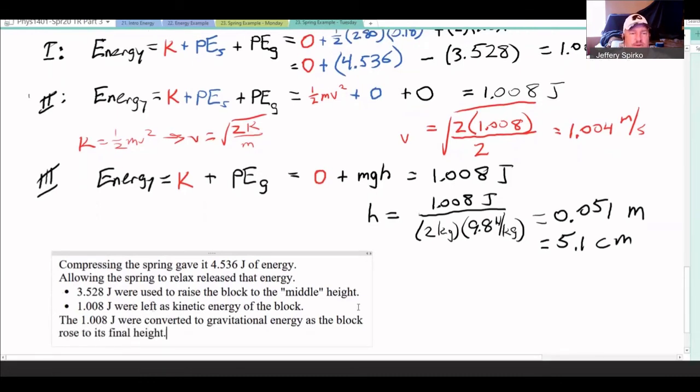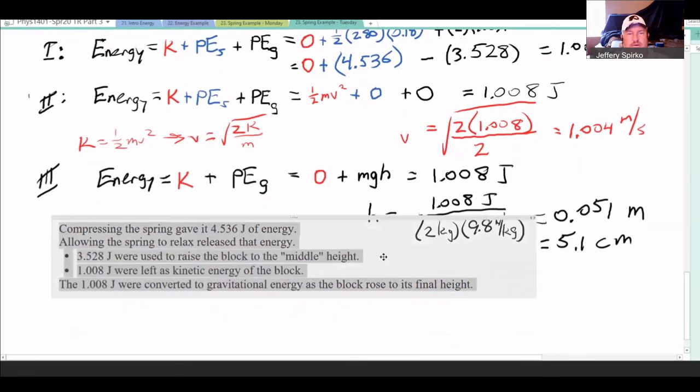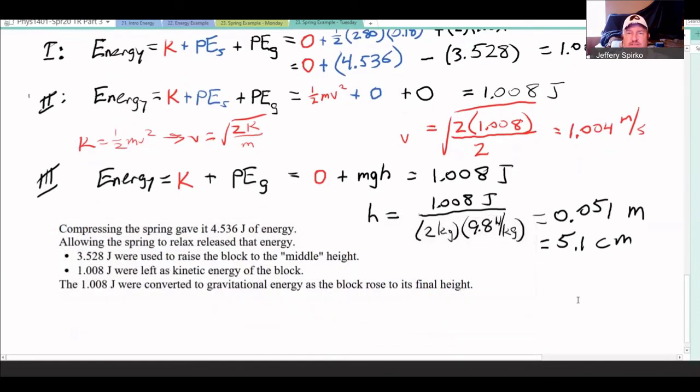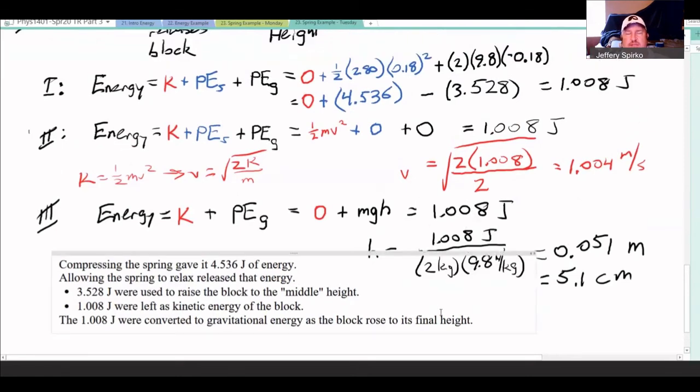And that 1.008 joules of kinetic energy were converted to gravitational energy here at the end in state 3 as the block rose to its final height.